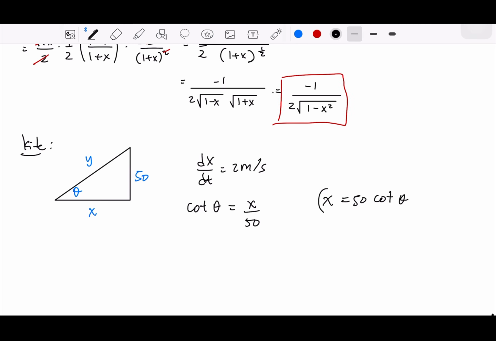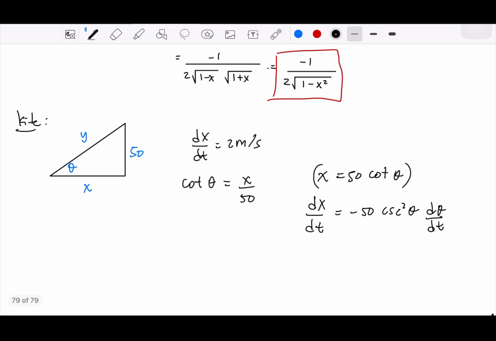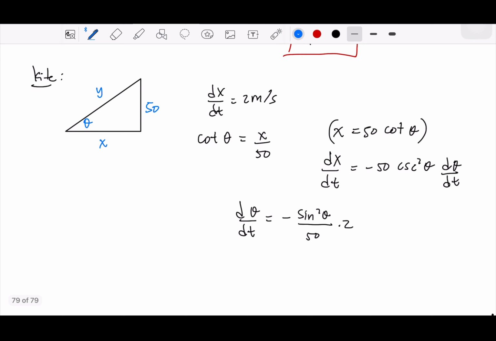We take the derivative and we get negative cosecant squared theta d theta/dt, and you will get that d theta/dt will be negative sine squared theta over 50 multiplied by 2. So it's supposed to be y is 100.